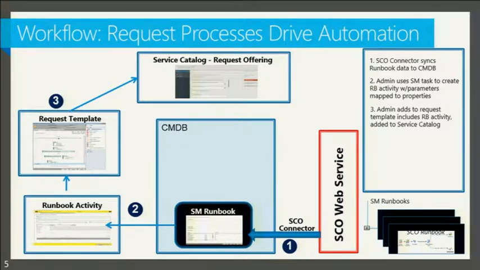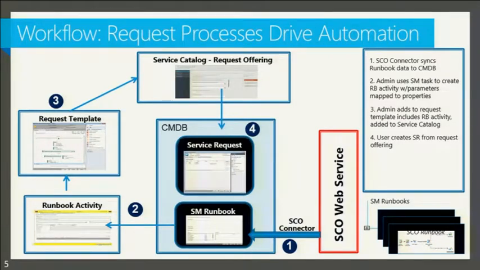So when we have created the request offering, we publish that on the portal. An end user goes and makes a request. That ends up as a service request, which is based on that template we just created. So the template contains these activities, and when the service request gets created based on that template, the internal workflows of Service Manager take a look at that definition of activities.